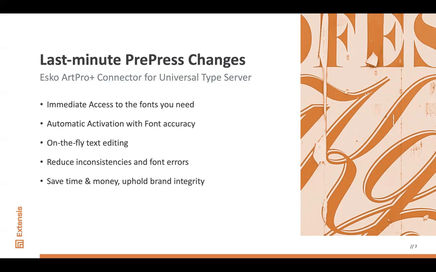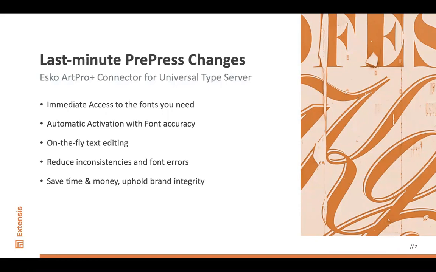But ultimately, one of the advantages with our connector for Universal Type Server is that it enables ESKO ArtPro+ to actually also access fonts directly from the font server. So again, so long as you're making sure that the users are covered under your licensing that you build into your font server, you will have that immediate access to those fonts to do that automatic activation, again powered by FontSense, to enable those last minute changes, the text editing on the fly, just get rid of that Z, replace it with an S, recorrect the spelling mistake.